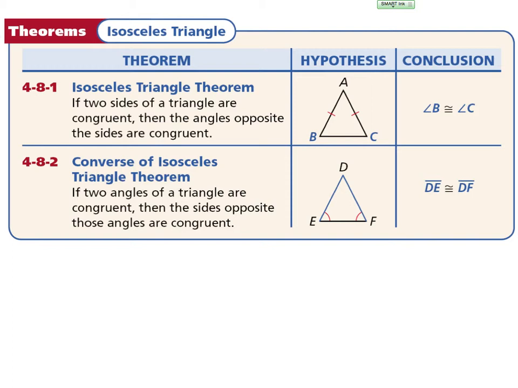The hypothesis is: if two sides of a triangle are congruent, so in other words, if the triangle is isosceles, then the conclusion: the angles opposite the sides are congruent. When you go across the triangle from each congruent side to the angle, those two angles are congruent.